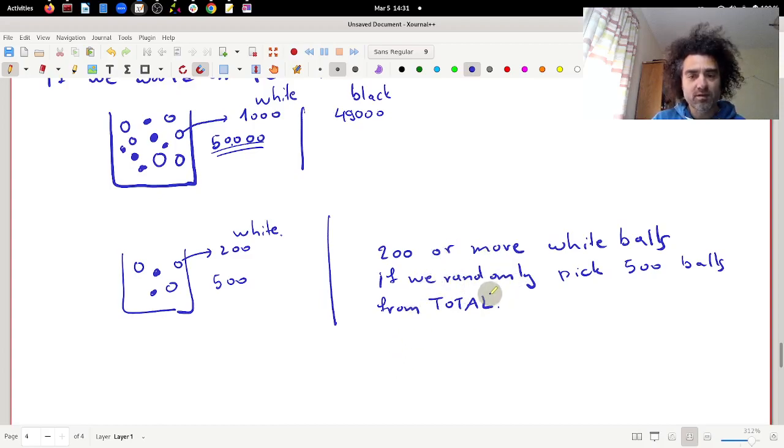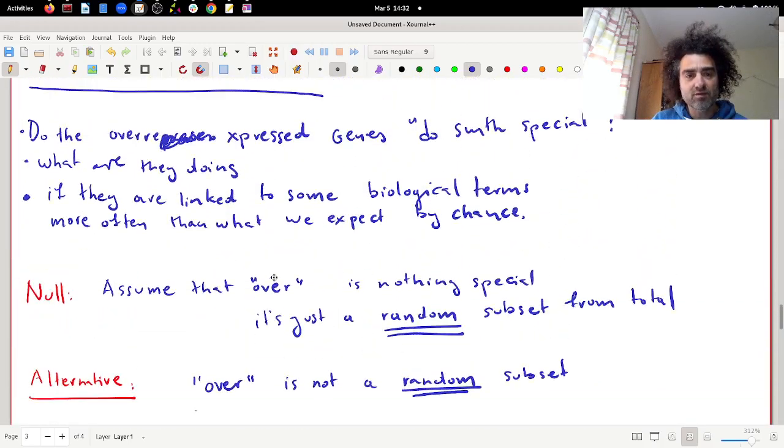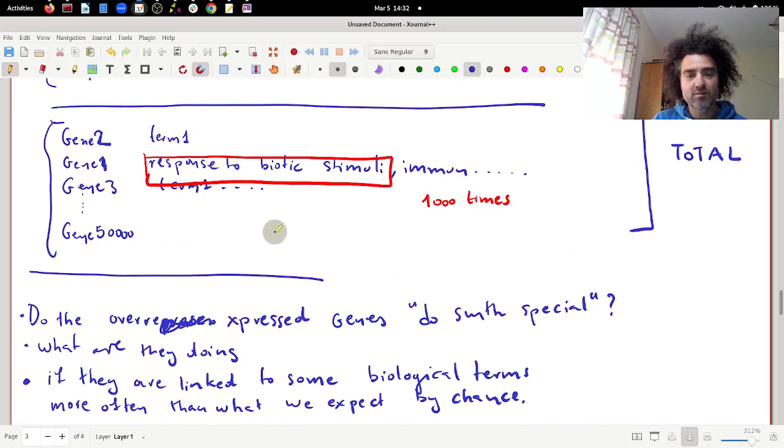Now, if this probability is not very small, so it's quite large, then we will say that these 500 genes are not anything special compared to this total list of genes. So it's really like a random subset of those. If this probability is small though, we will not be able to say that this is a random subset of these genes, because it's really a small probability to get so many white, or in biological terms, so many genes that are linked to response to biotic stimuli.